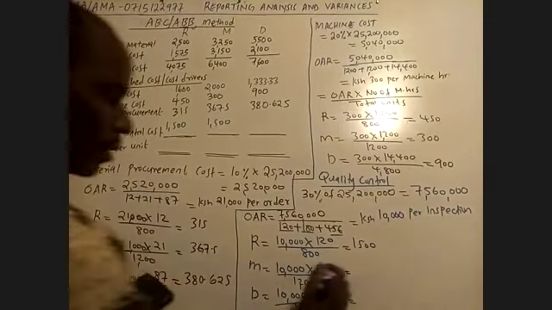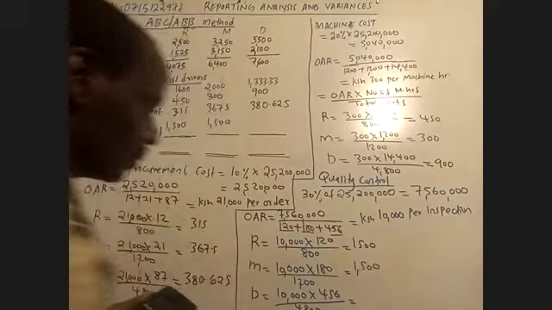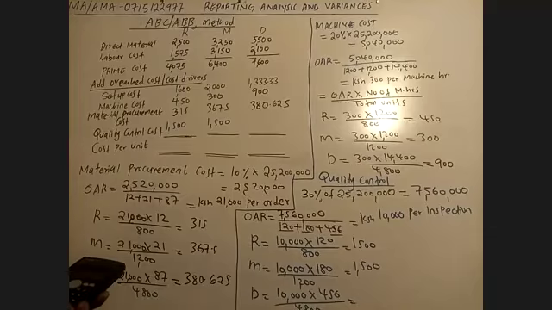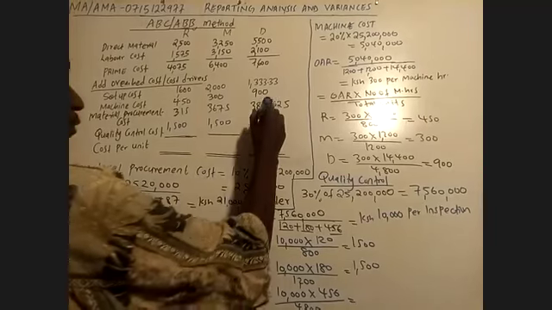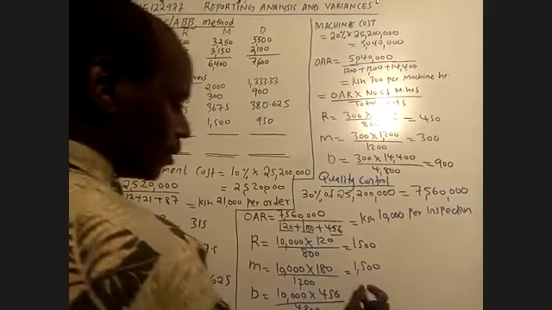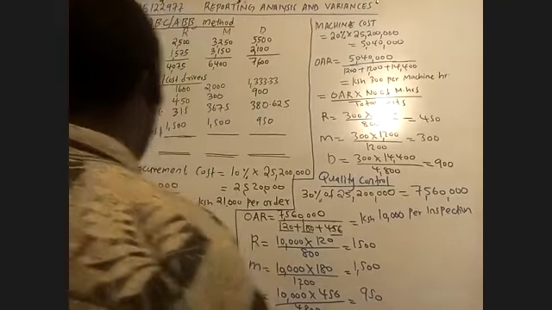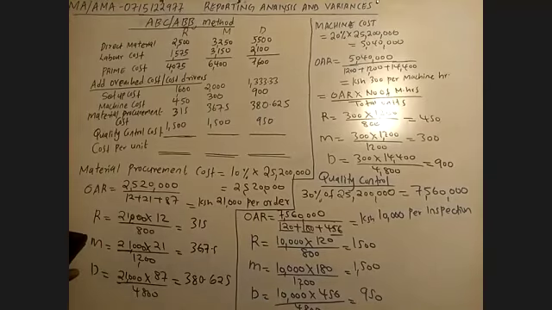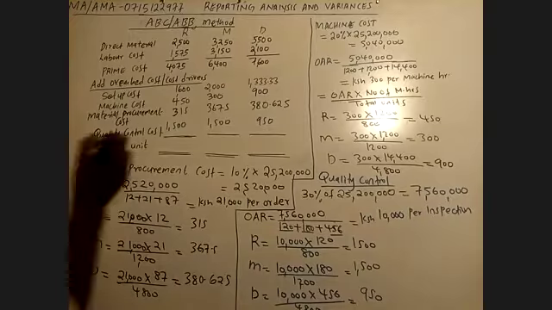Then 10,000 times 456 divided by 648, this one is 950 per unit. So add them together to get cost per unit: 475 plus 1,600 plus 450 plus 15 plus 1,500. We get 7940.